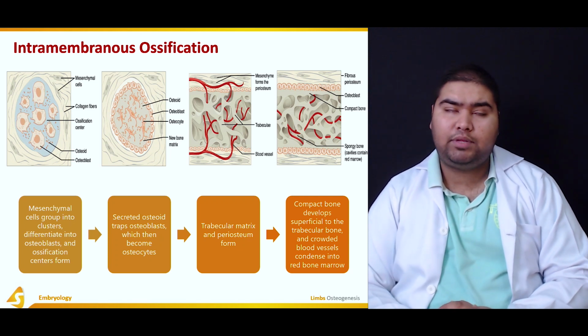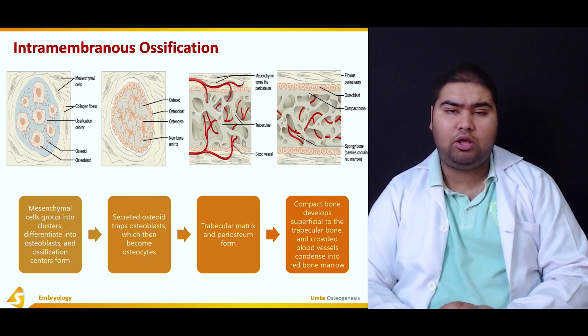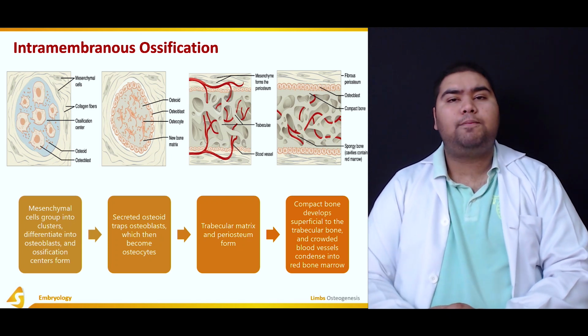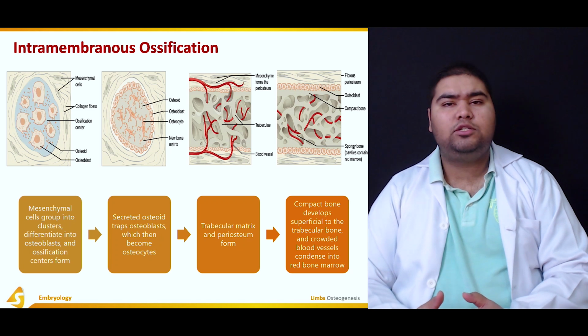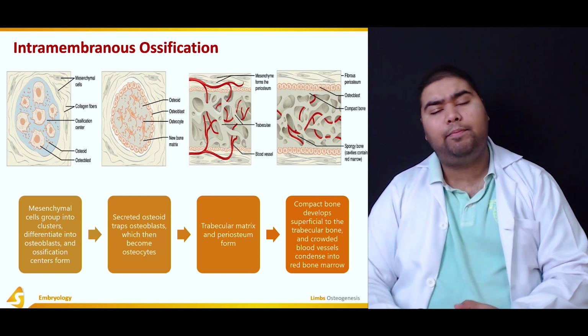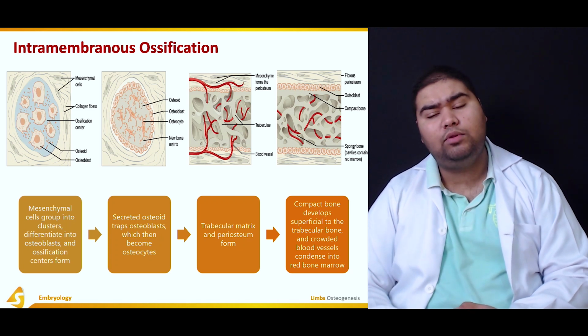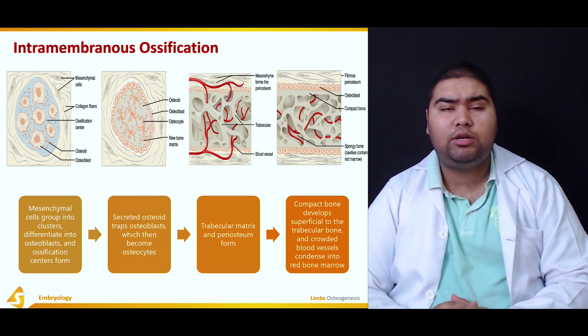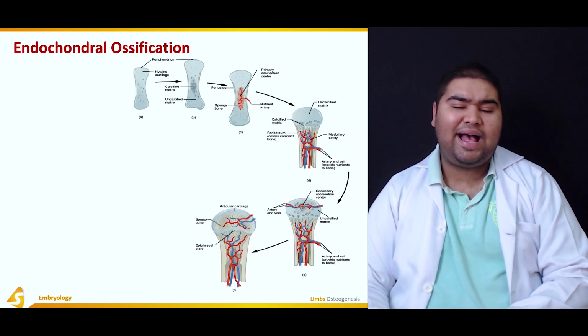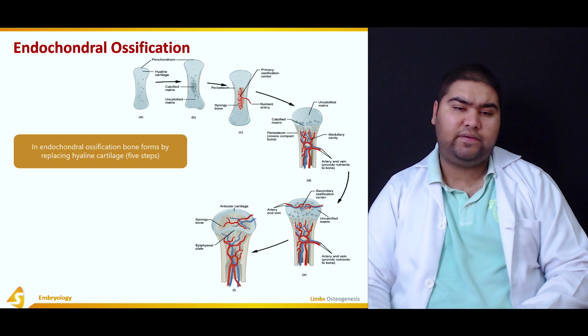In the third step, the trabecular matrix and the periosteum are laid down, and in the fourth step, the compact bone is formed superficial to the trabecular bone, and inside the trabecular bone, the crowded blood vessels are converted into red bone marrow.